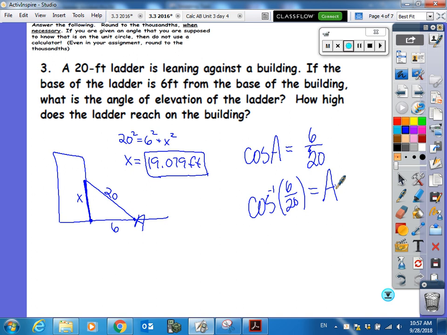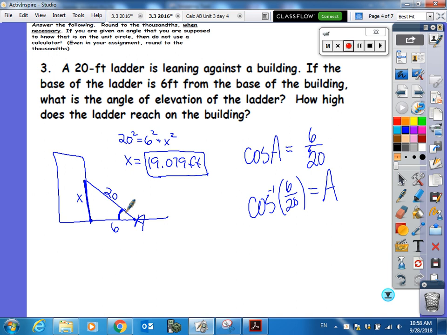So this one, we want to know the angle of elevation of the ladder. If the ladder's on the ground and you pick up the ladder, so here's the ladder on the ground, you pick it up and put it there, this right here, that's what would create our angle of elevation. If someone was standing at the top of that building and looked down at a car, it'd be the angle of depression, but because of parallel lines and transversal, it would end up being that same angle right there.